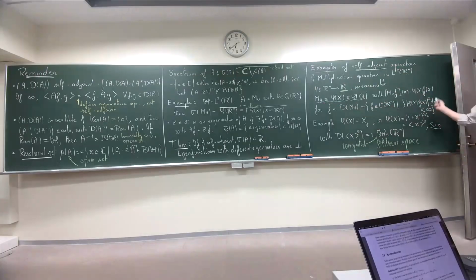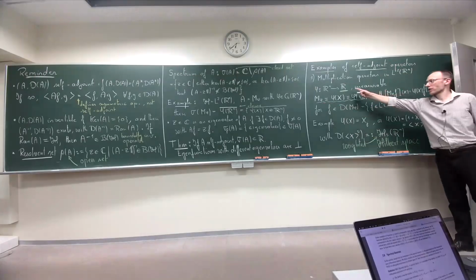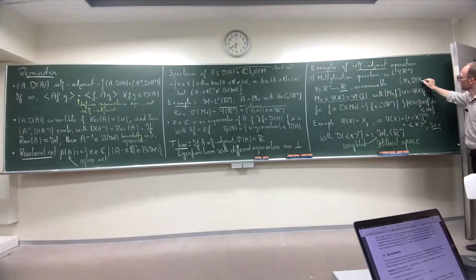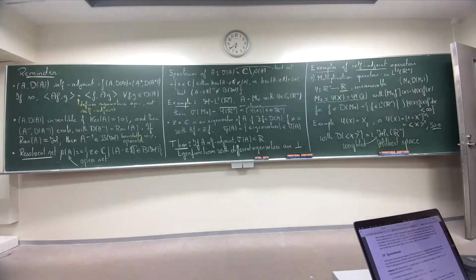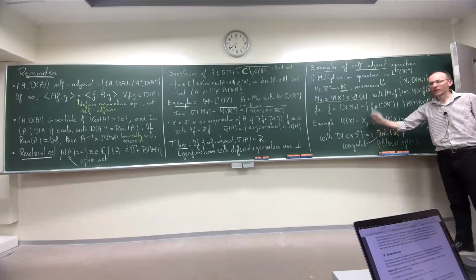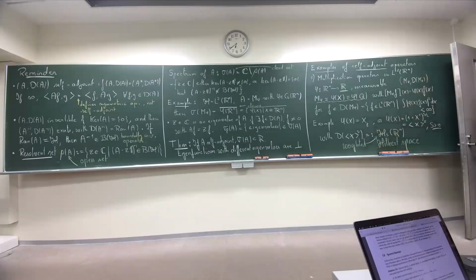This is the largest domain, and it turns out that if you have a real function and you use this domain D of M phi, the operator M phi is self-adjoint as soon as phi is real valued.